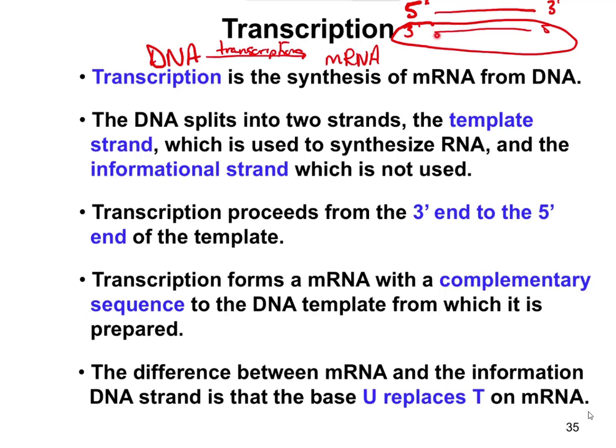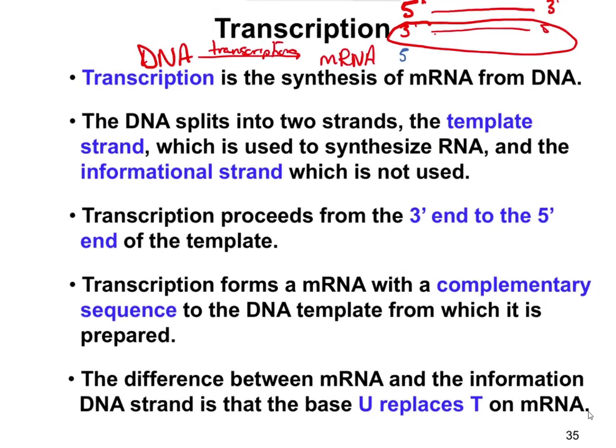It's going to bind here, and it's going to basically walk along the molecule this way, and it's going to make a messenger RNA molecule that I will draw here in blue that is going to go from a 5' to 3' direction of a new messenger RNA.